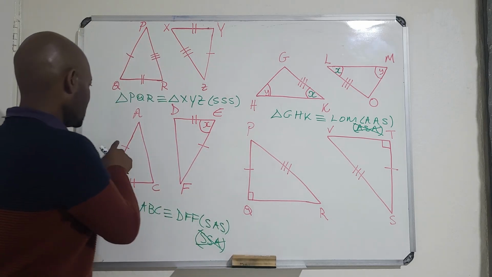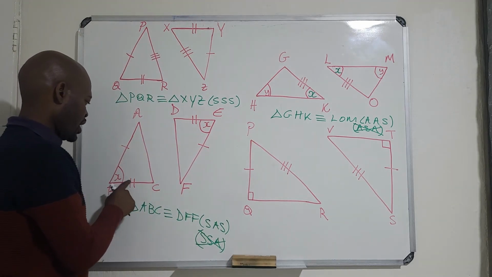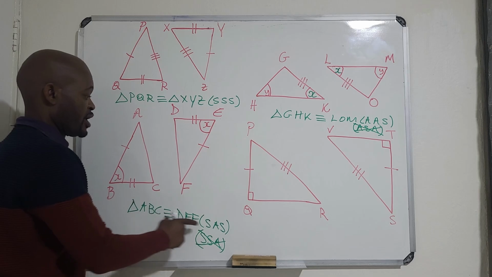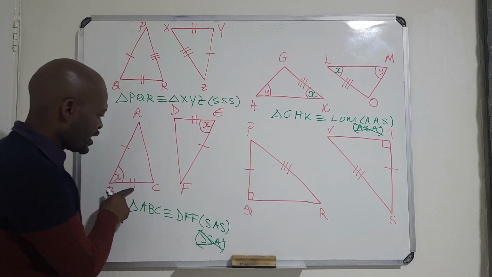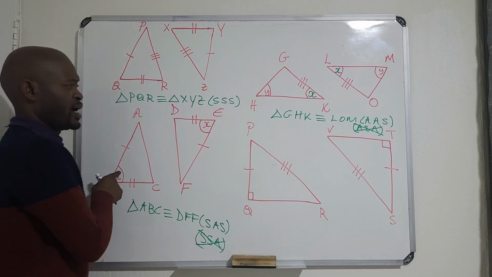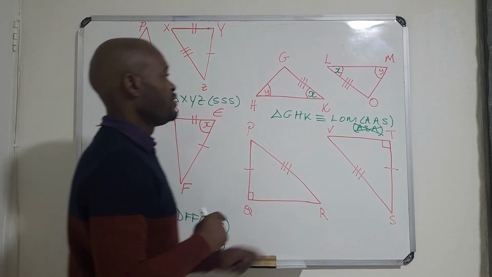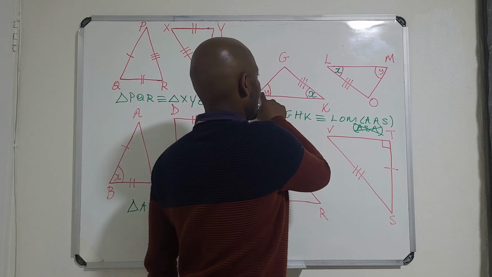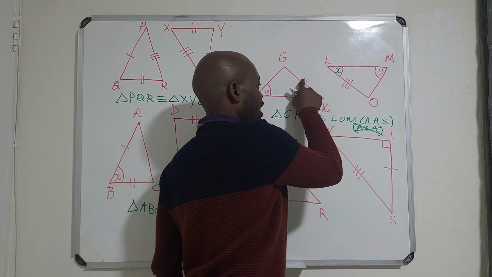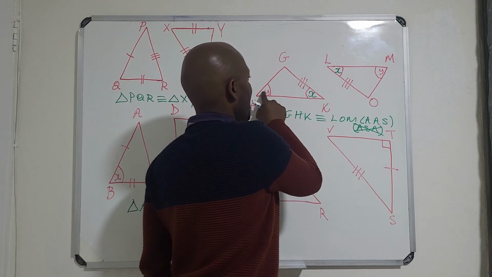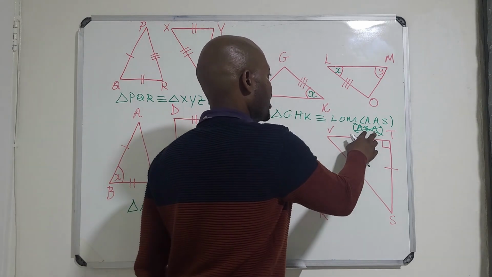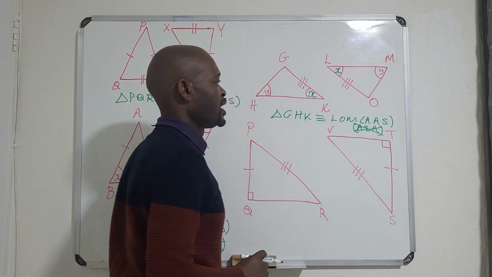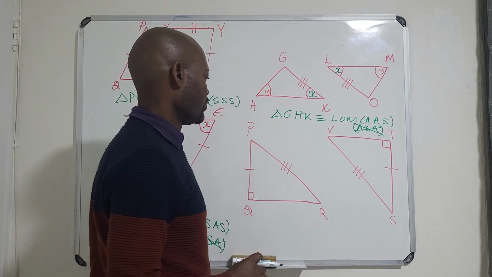Here, it was a side, followed by an angle and a side. That is why they are congruent, and why it's not a side, followed by a side, then an angle. Even here, it's angle, angle, and a side, not angle, side, and an angle. That is why we normally don't write angle, side, angle.